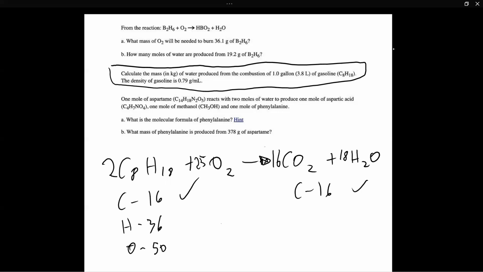For the hydrogens, there are 36, which is also good. And for the oxygen, we have 36 plus 18. Hold up, no, that's not right. So 32 plus 18, which is equal to 50 oxygen. So yeah, we have balanced this correctly.